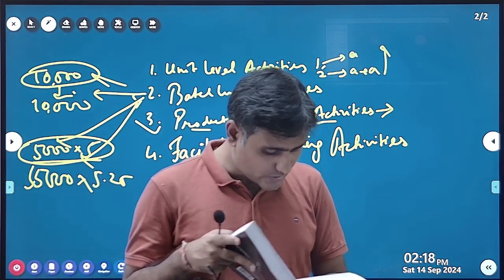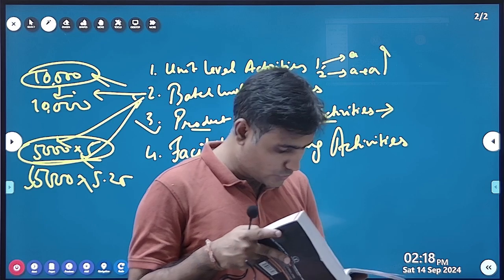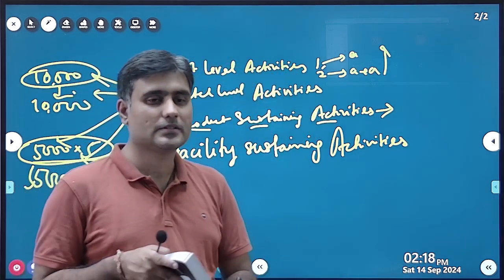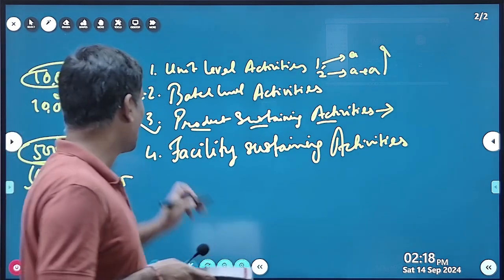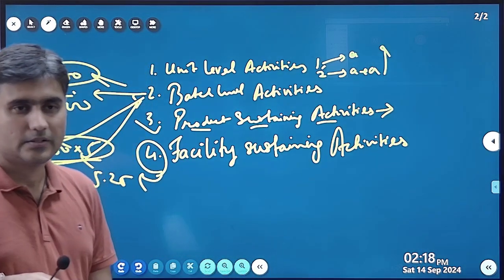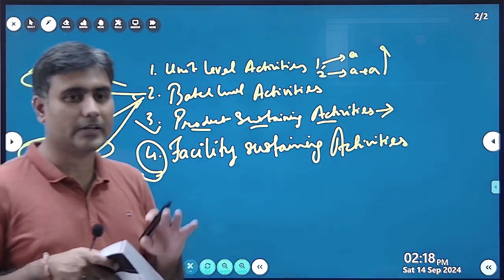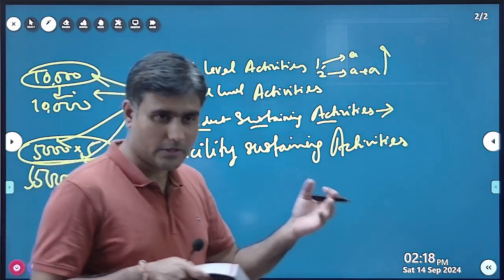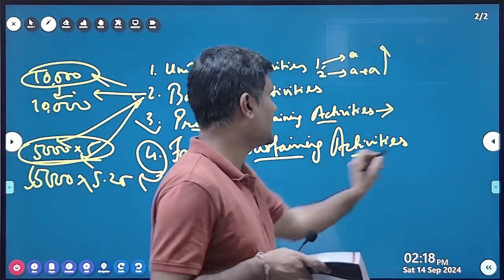They are incurred to support the organization as a whole and are common and joint to all the products manufactured in the plant. The watchman outside is common to all the products manufactured inside the plant, right? And he is required so that there is no pilferage, there is no theft, someone does not burn your factory. So they are facility sustaining activities.